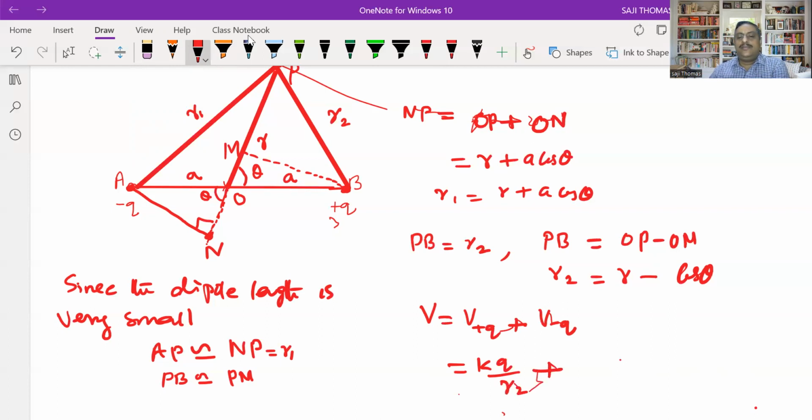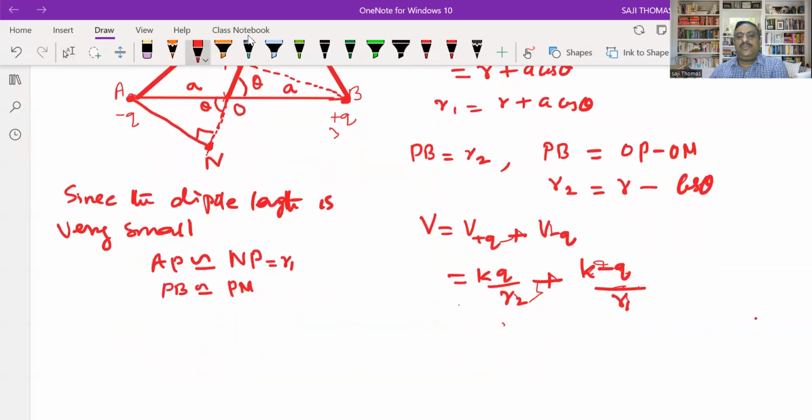Plus V minus Q, potential due to the charge minus Q, K into minus Q divided by R1. Distance from that charge is R1. But you found out the value of R1 and R2, so we can take common things. K is common, Q is common. Remaining is 1 by R2 minus 1 by R1.